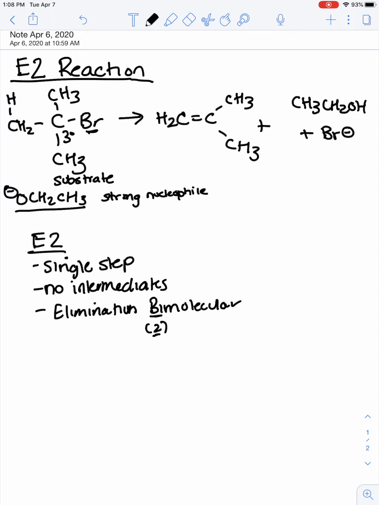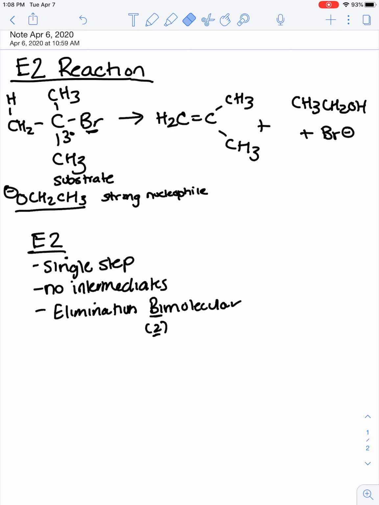The main problem that we have for an SN2 reaction, remember that we said for an SN2 reaction, we cannot have a tertiary substrate. And the reason for that is because we can't have this nucleophile really get in for a backside attack. So since that can't happen, this reaction is just going to proceed via an E2 reaction. So again, if you have a tertiary substrate with a strong nucleophile, it will proceed only E2.